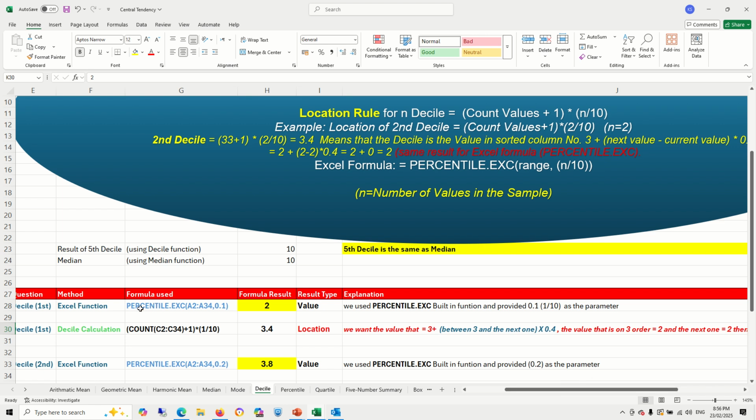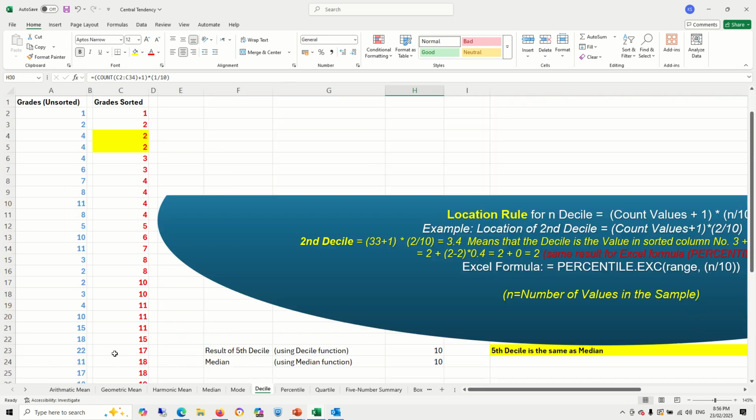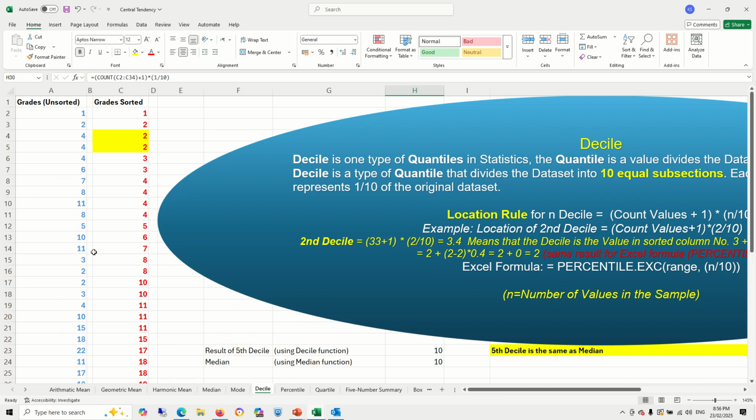So now we calculated the decile in 2 ways. The first one using Excel function, so it gave us 2. The second one using the decile calculation, it gave us 3.4 as location, not as value. So when we look at the location in the sorted data, please note that the data has to be sorted. So if you take this one, for example, this is not sorted data.